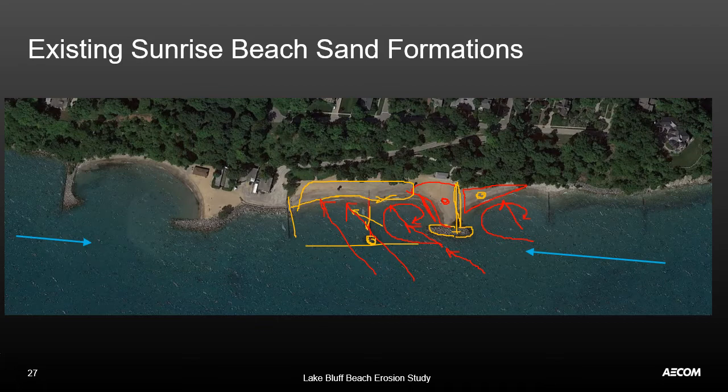This part of the structure down here is all stone, so you don't really see beach erosion because there's no beach there to begin with. We do have overtopping water because the structure is not high enough, so this parking lot gets damaged. We see overtopping here, so this beach tends to erode in this area.